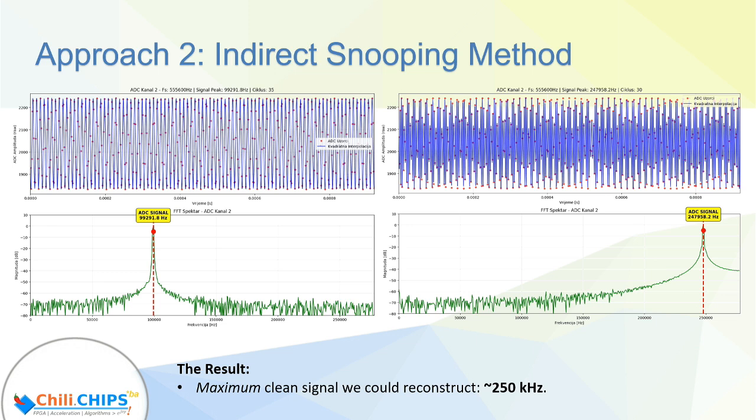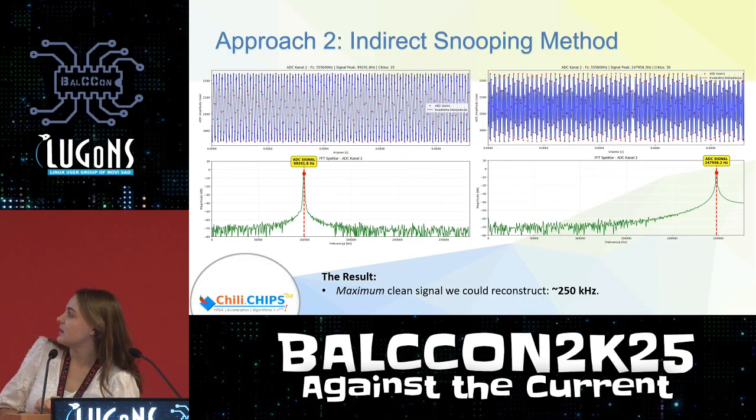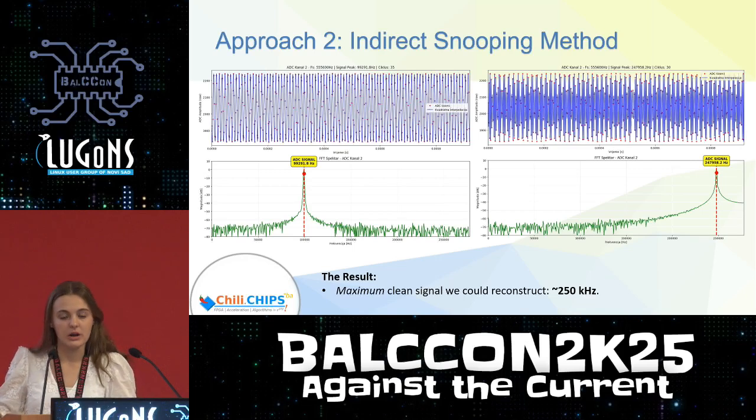As you can see, results are like night and day. Here we achieved the maximum clean signal that we were able to reconstruct at approximately 250 kilohertz, which is like 2,000 times better than the first approach.